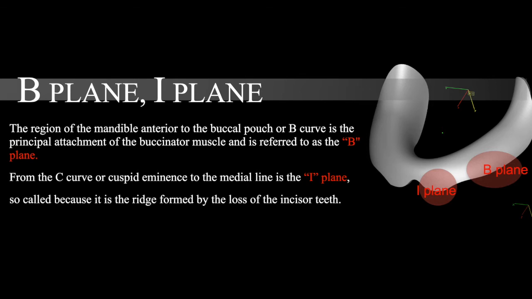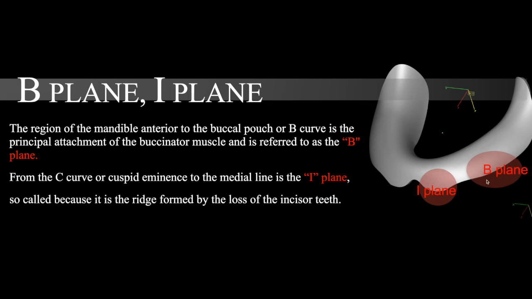The next outline is called the B plane and I plane. The region of the mandible anterior to the buccal pouch or B curve is the principal attachment of the buccinator muscle and is referred to as the B plane, which is shown in this color range.